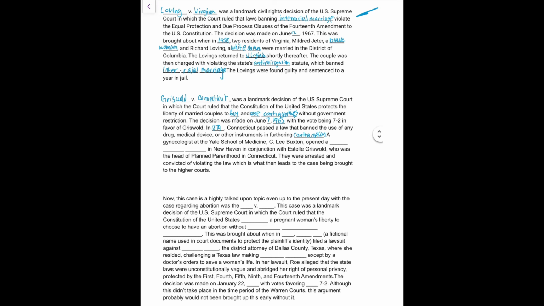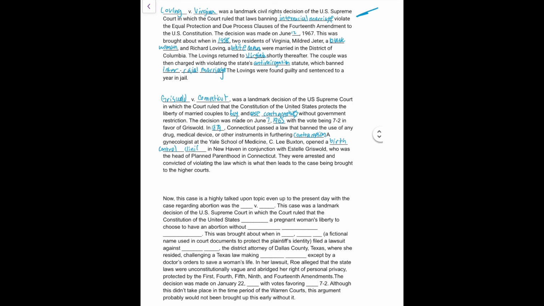A gynecologist at the Yale School of Medicine, C. Lee Buxton, opened a birth control clinic in New Haven in conjunction with Estelle Griswold, who was the head of Planned Parenthood in Connecticut. They were arrested and convicted of violating the law, which then leads to the case being brought to the higher courts.